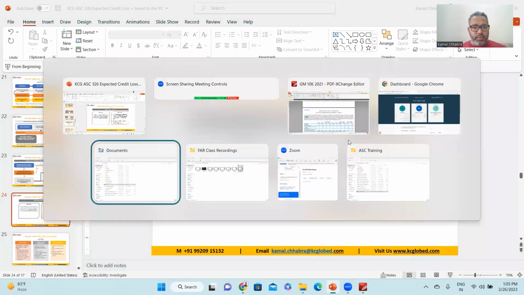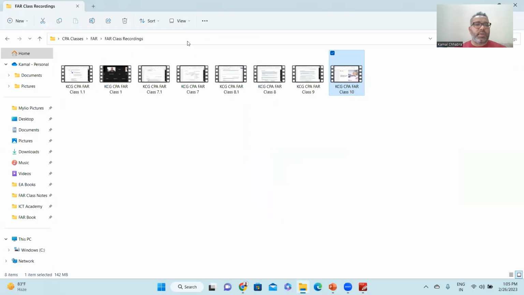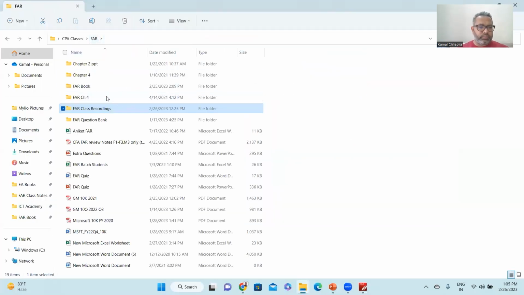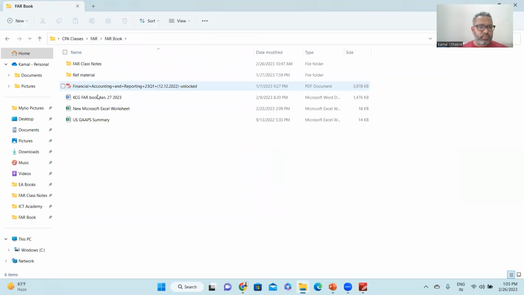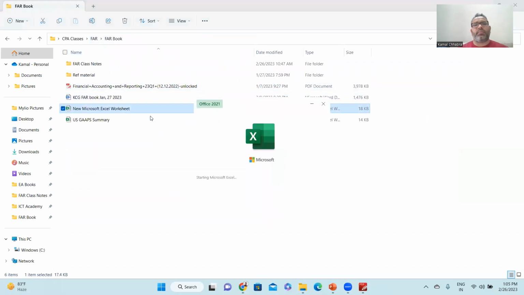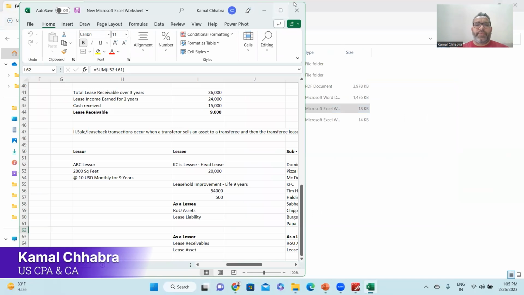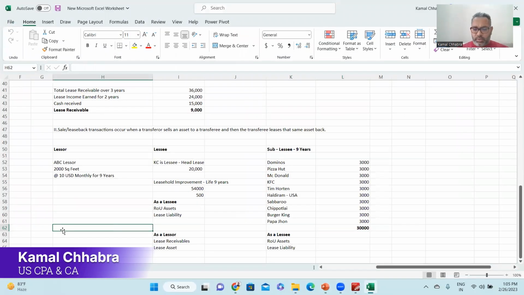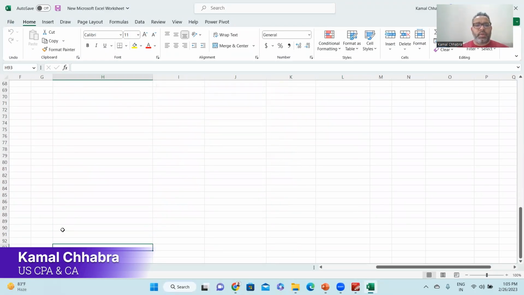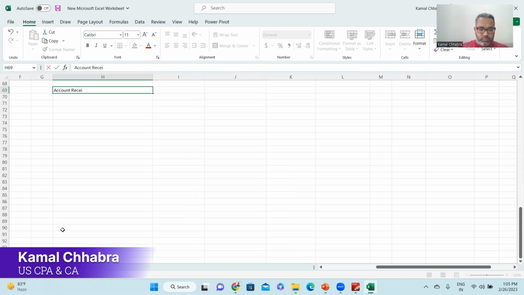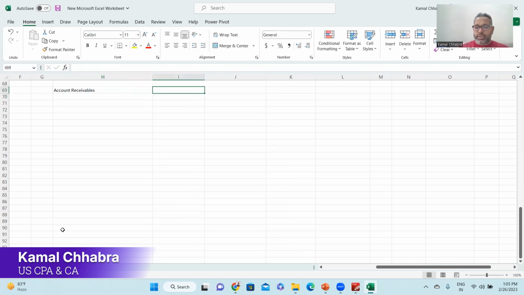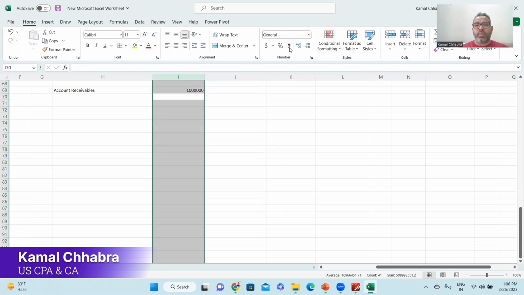So if we open an Excel sheet, for example, let's say you have accounts receivable of, let's assume, $1 million. How much is the account receivable? $1 million.